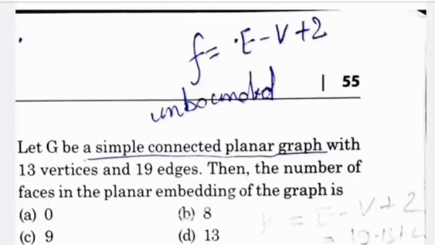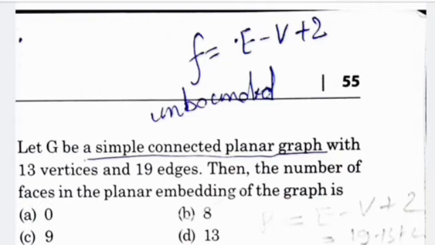Now come to the next question. Let's say we have a simple connected planar graph with 13 vertices and 19 edges. Then the number of faces in the planar embedding of the graph is, there are 4 options: option A 0, option B 8, option C 9, and option D 13.